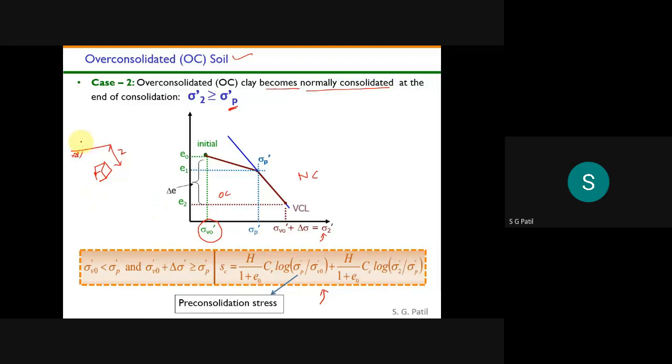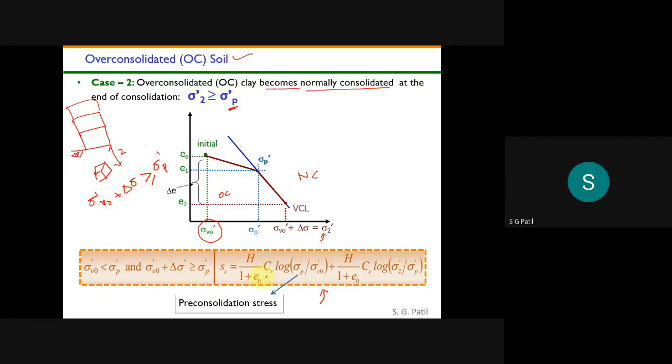Now, what I did, I have built a structure here, a very big structure. Due to this big structure, my sigma V naught dash plus my delta sigma is now greater than or equal to my pre-consolidation stress.